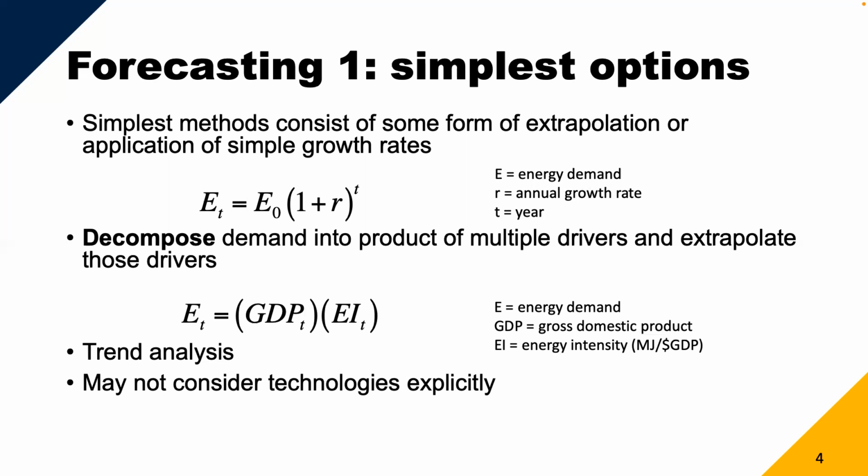And so if I want to do GDP into the future, it could be the same thing where I have GDP-T equals GDP0 times 1 plus R to the T. You could have that tell you what this term would look like in the future, except now your growth rate is specific to things in the economy, and you have the flexibility of, maybe I want to change the growth rate for energy intensity to be somewhat different, or maybe I want to make it so that the energy intensity is, for example, increasing or decreasing at a different rate compared to GDP.